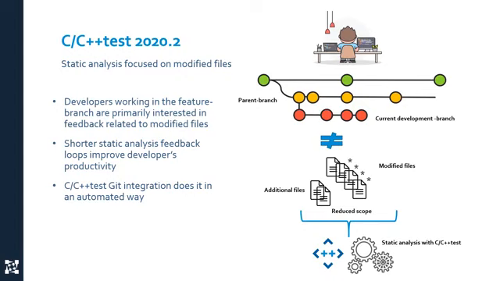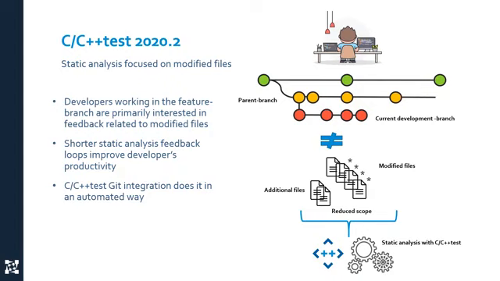Okay, so to summarize, automatic scope restriction introduced in C++test 2020.2 improves developer productivity by shortening feedback loops and focusing static analysis on recent code modifications.